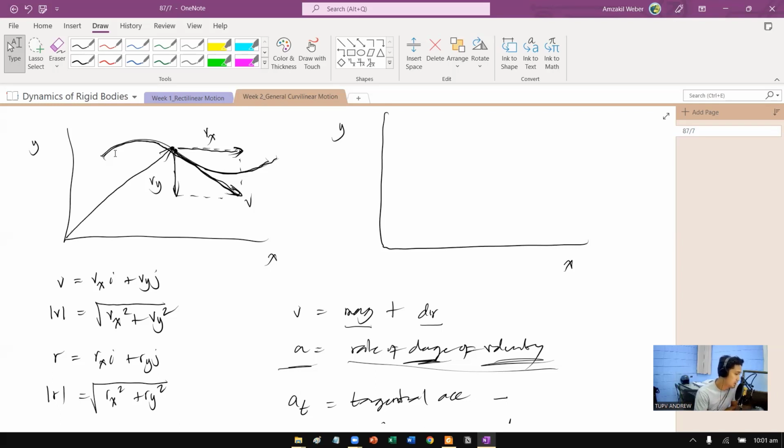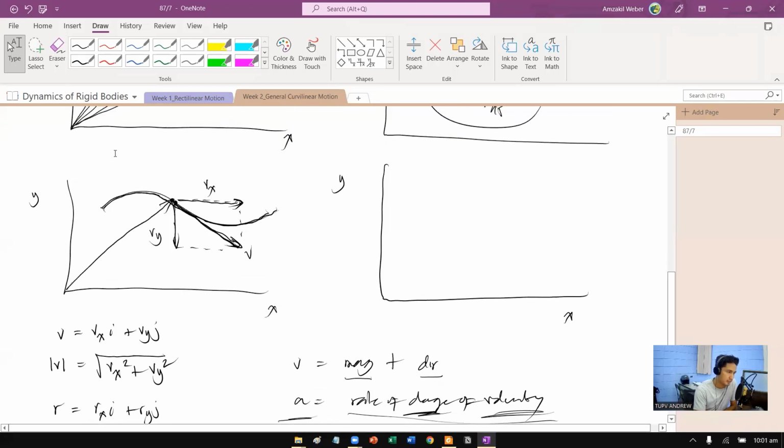Why? Because there is a change in direction. The path is curved, which is obvious, common sense. The tangential acceleration you cannot see, but in the drawing you can. You change direction, therefore there is normal acceleration.